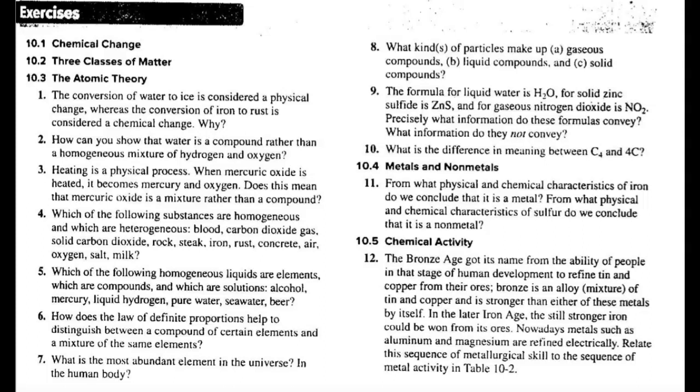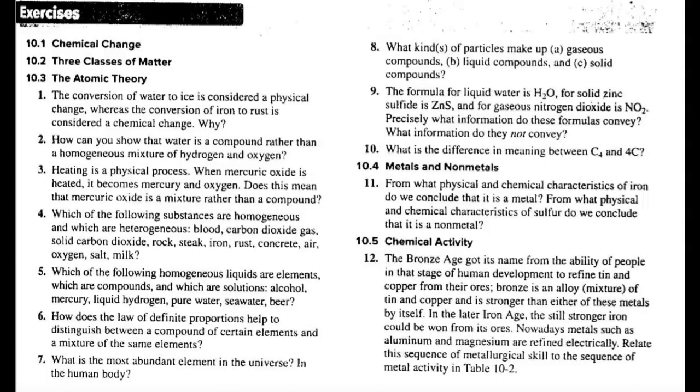When iron as an element is converted to rust, there is actually a process that the iron has gone through. It has mixed with water in the presence of sunlight, and we have an entirely different substance than what we started with.